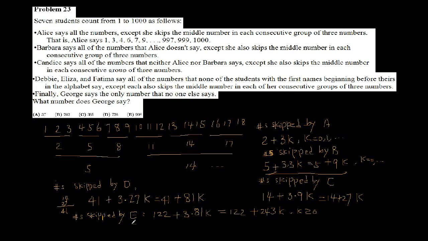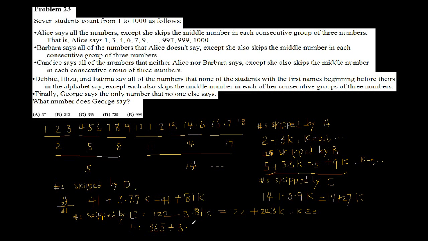Now by F, same thing, F will be the second number, which is 122 plus 243 from the numbers skipped by E, so it would be 365 plus 3 again.